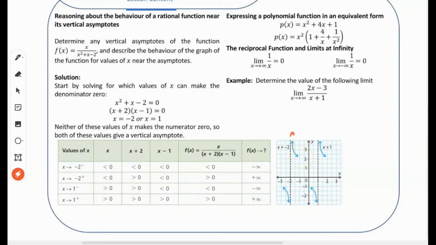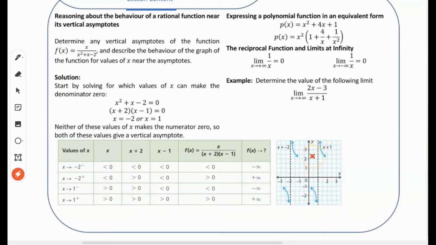We do the same thing for our other asymptote, x equals 1. We try a number a little bit less, coming from the left, like 0.99. We test it in our function, it turns out to be negative, so our function's approaching negative infinity. Similarly, test one a little bit greater than 1, like 1.01. It's positive, so we're approaching positive infinity.